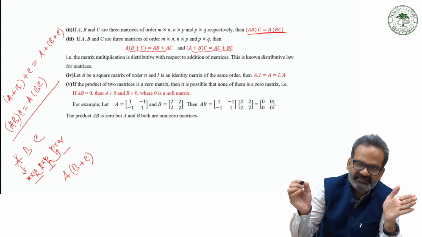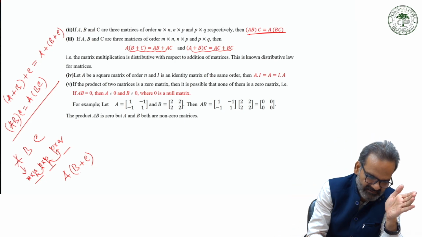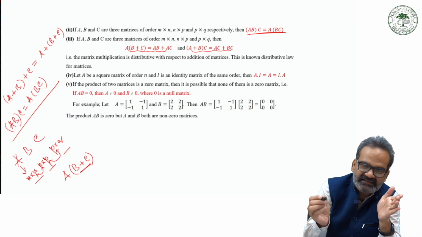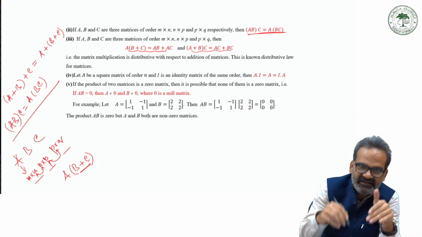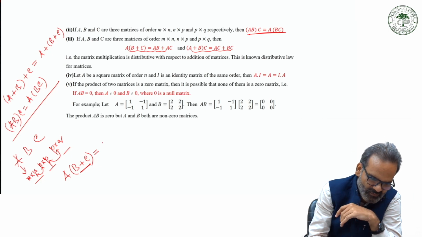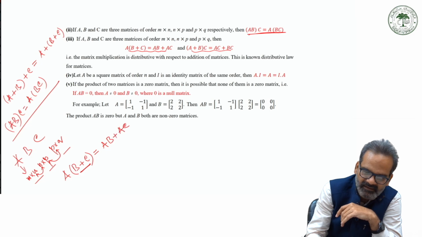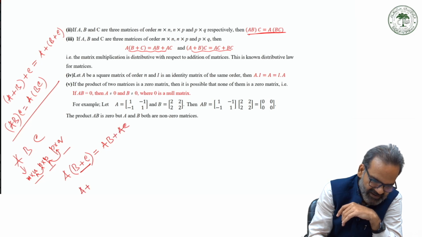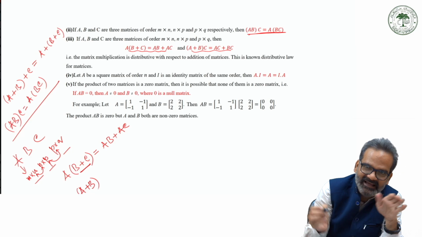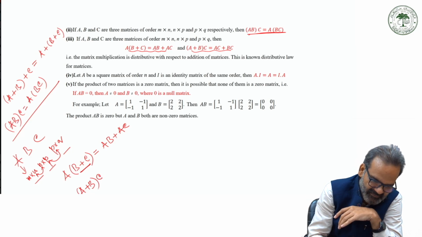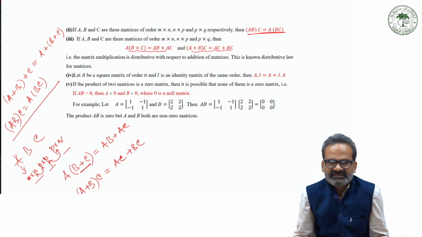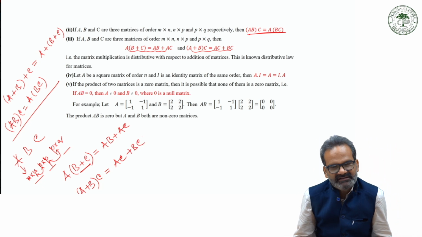If A, B, C are three matrices and you add B and C, and this sum is multiplied with the matrix A, then this is always equal to AB plus AC. In the second way, if A and B are added first, and this sum is multiplied with a matrix C, then it equals AC plus BC. This is a very famous property, known as the distributive property. It is satisfied by matrices.